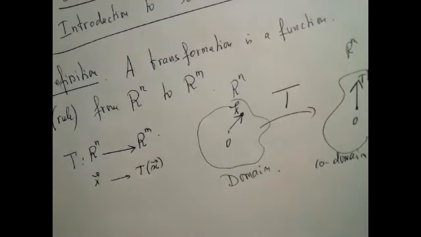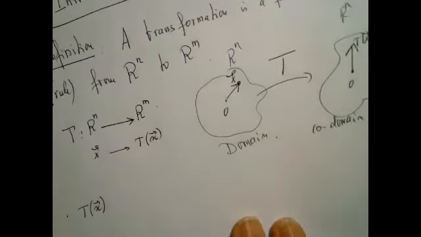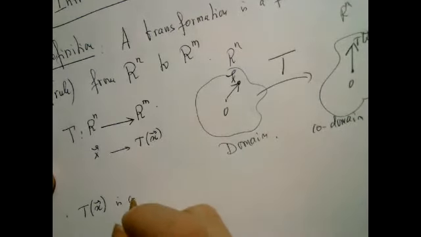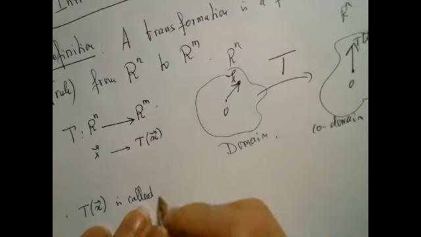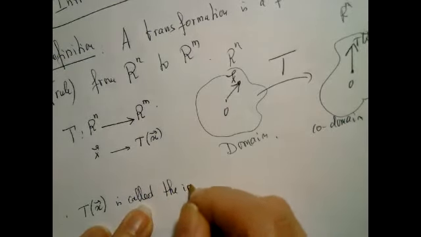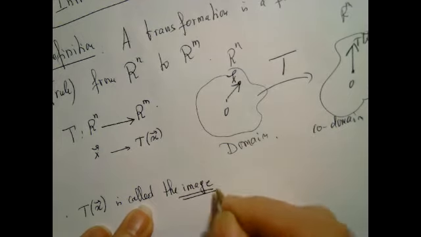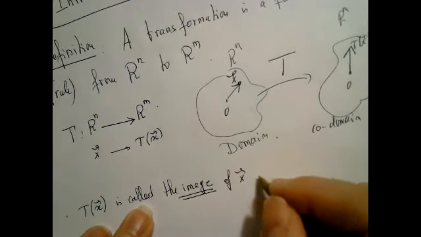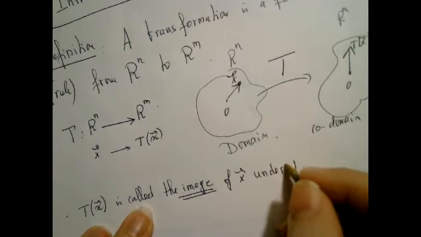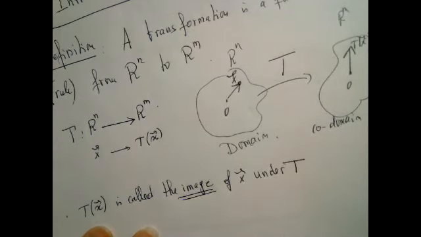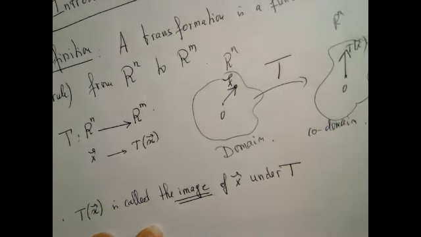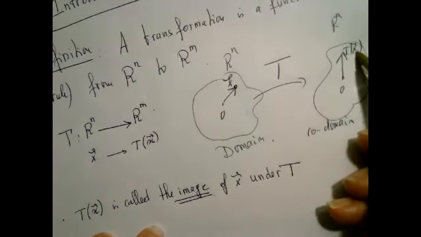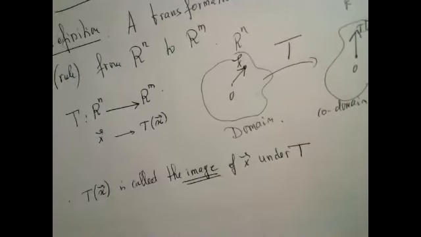If X is in Rn, T of X, the output vector, is sometimes called, and you have to get used to that, the image of X under T. So the output vector, we give it a name sometimes, the image of X under T.